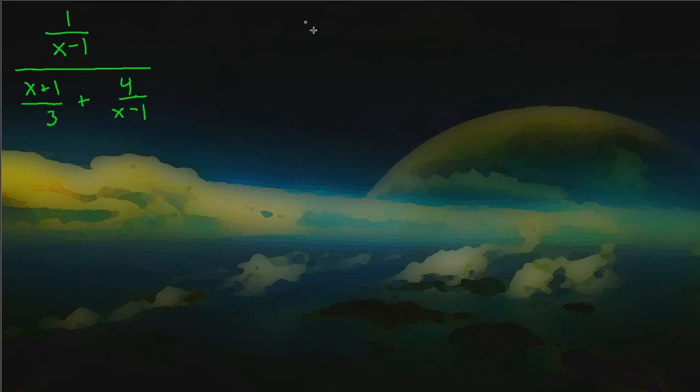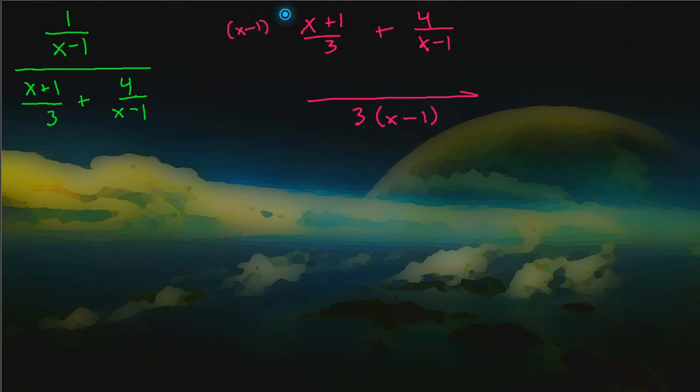And let's go ahead and try this. So I'm just working on this denominator. And I see that my common denominator is 3 times x minus 1. This is missing the x minus 1, so I'm going to need to multiply the top and bottom of it by x minus 1.